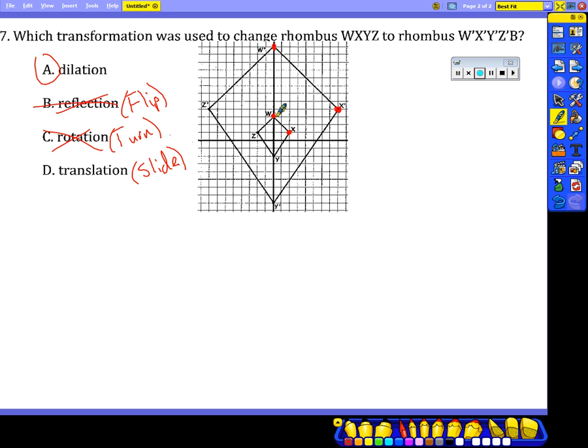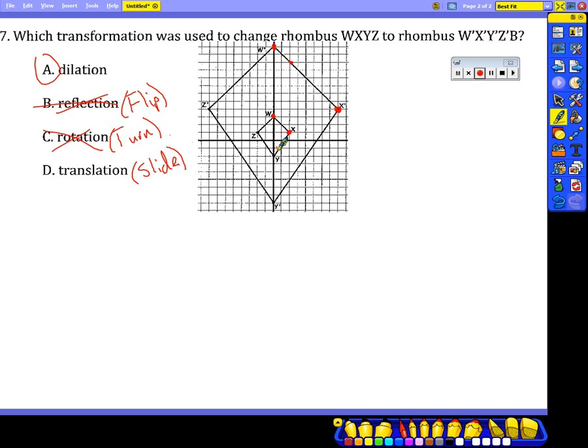So let me give you an example of a slide. So you might say, hey, W slid up 1, 2, 3, 4, 5, 6, 7, 8, 9. Okay? So it does look like W slid up 9. If that's the case and this was a translation, that means X would also slide up 9. So that would be X prime.